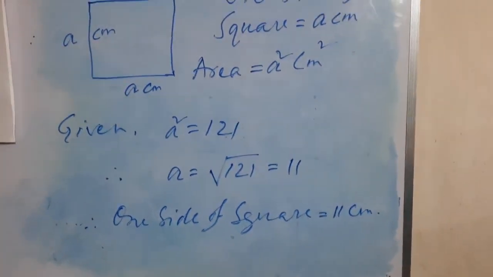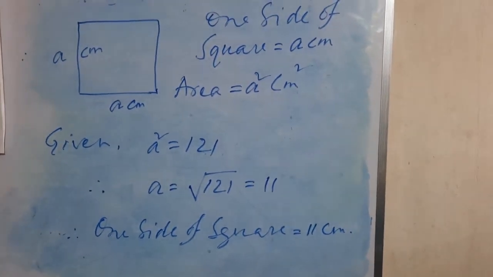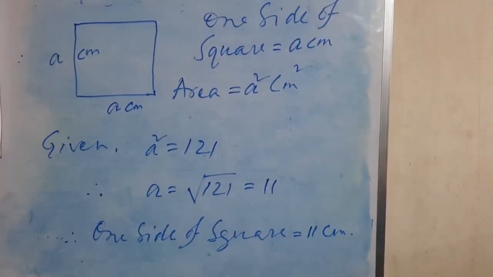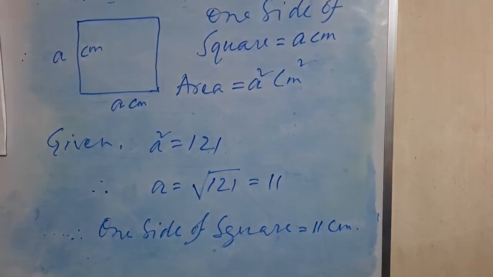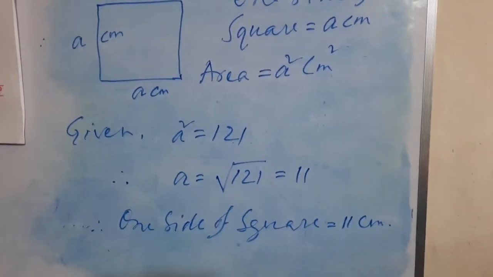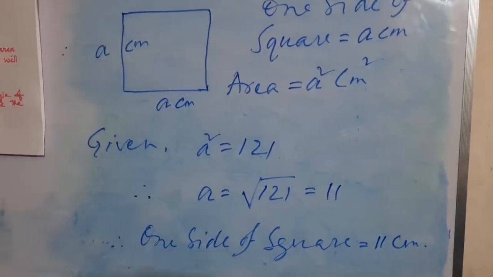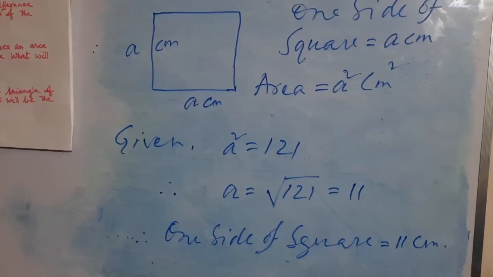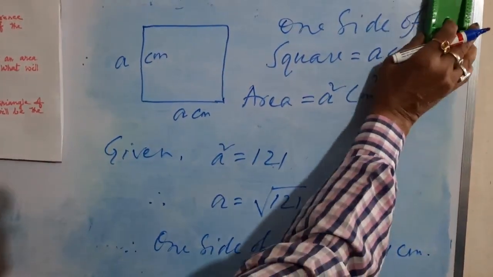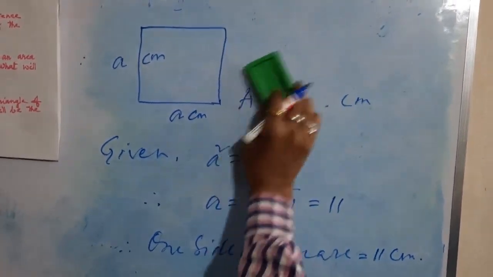Now, the wire bent in the form of a square is further bent into the form of a circle. The perimeter of the square will be equal to the circumference of the circle.